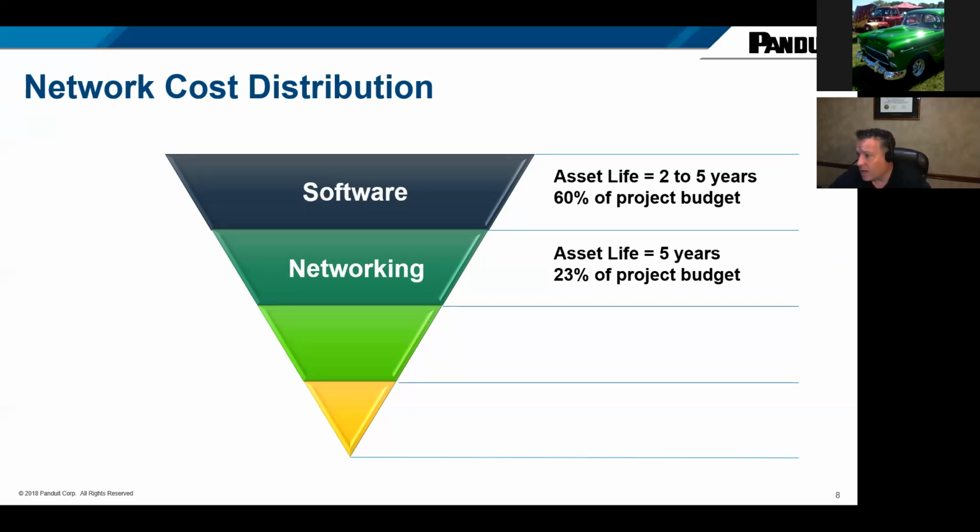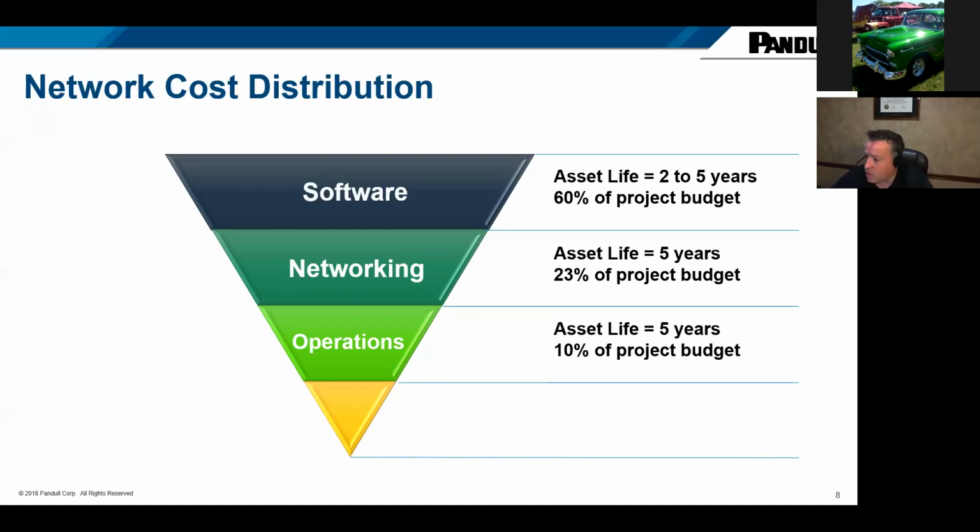So this may be weighted heavily towards the top of the triangle, but network equipment, typical asset life 5, maybe up to 10 years for industrial environments, is about 23% of your project cost, so a significant chunk of change. Next comes operations, and again, maybe 5 to 10 years and about 10% of your project cost for the network.